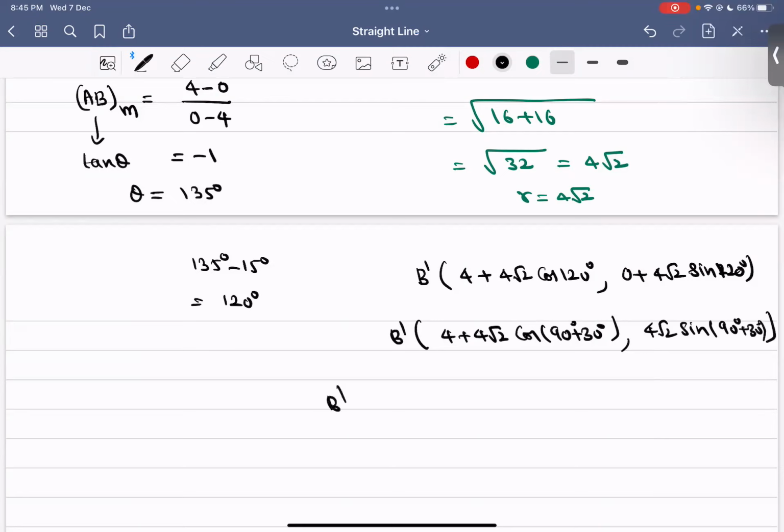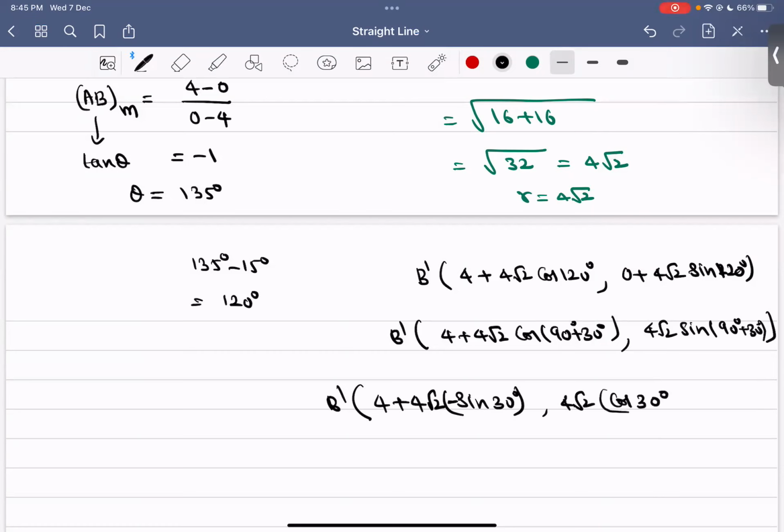Cos becomes sin 30, with a minus sign since in the second quadrant cos is negative. Sin becomes cos 30, positive in the second quadrant.